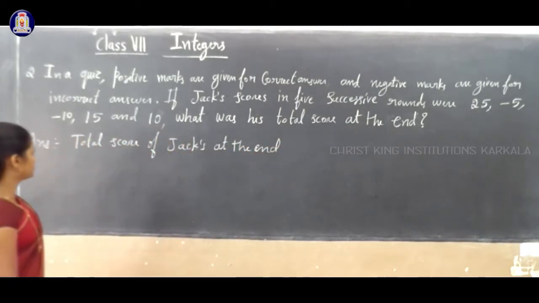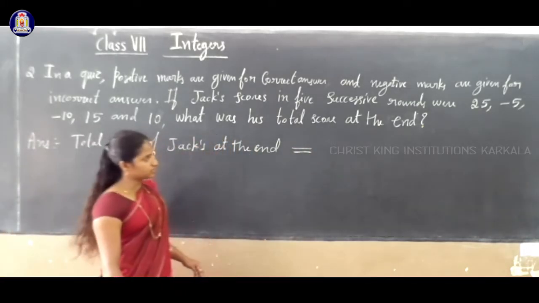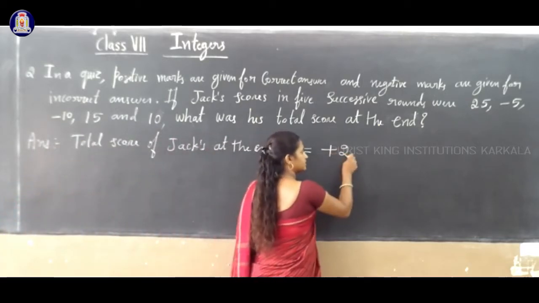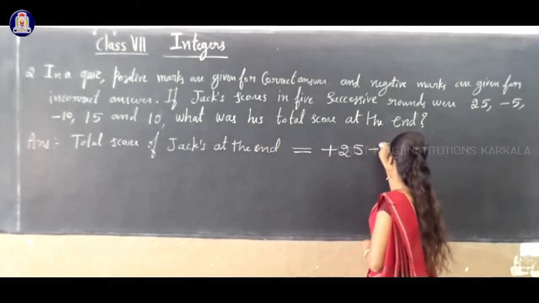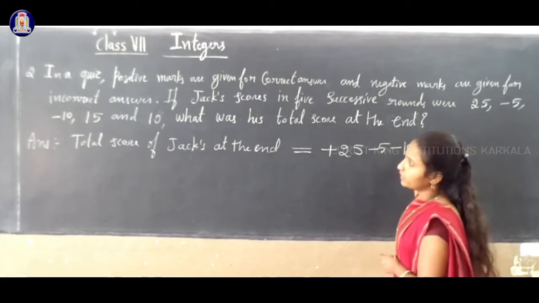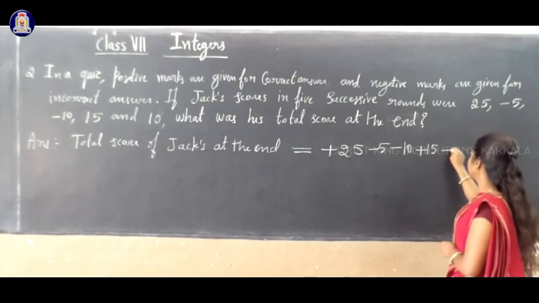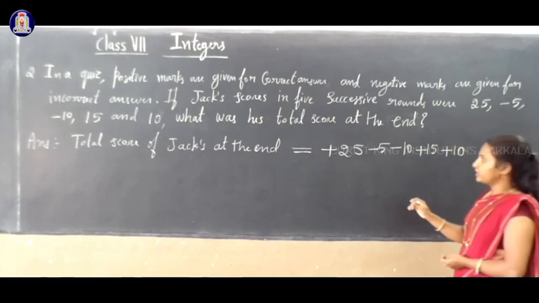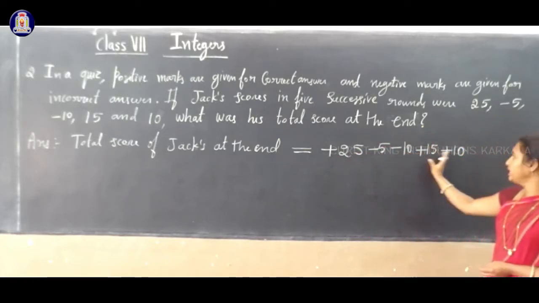So now total score of Jack's at the end is, so he scored plus 25 and minus 5. So write minus 5 and next minus 10. Next plus 15 and plus 10. So you have to add all these marks. Clear? So plus 25, minus 5, minus 10, plus 15, plus 10.